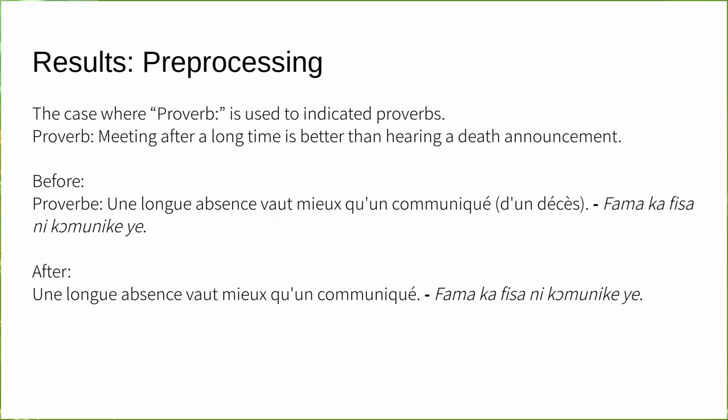And for proverbs, we have things like "proverb: meeting after a long time is better than hearing a deaf announcement". So we take out the proverb identifier so that we have normal sentences without anything to mess up the model.